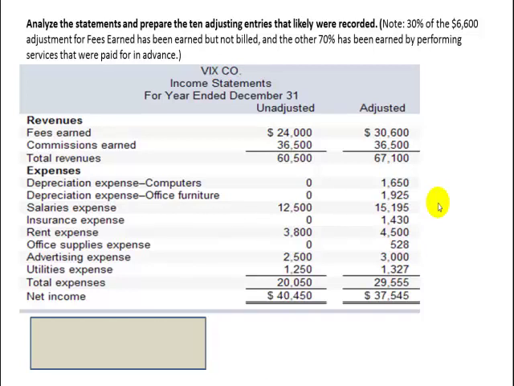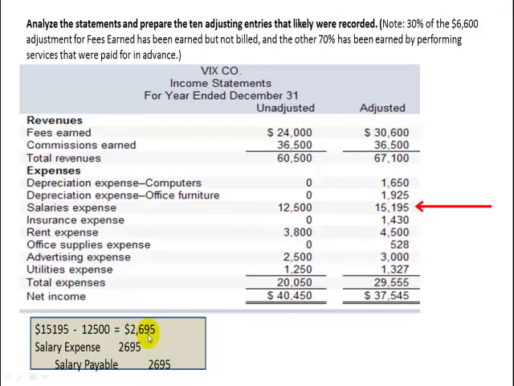Then we have salaries, which started out as an unadjusted amount of $12,500, and now it's $15,195. So that's a difference of $26,995. We will debit salary expense and we'll credit salaries payable. Remember, these are the entries that would be most likely recorded if you had a difference between unadjusted and adjusted amounts.